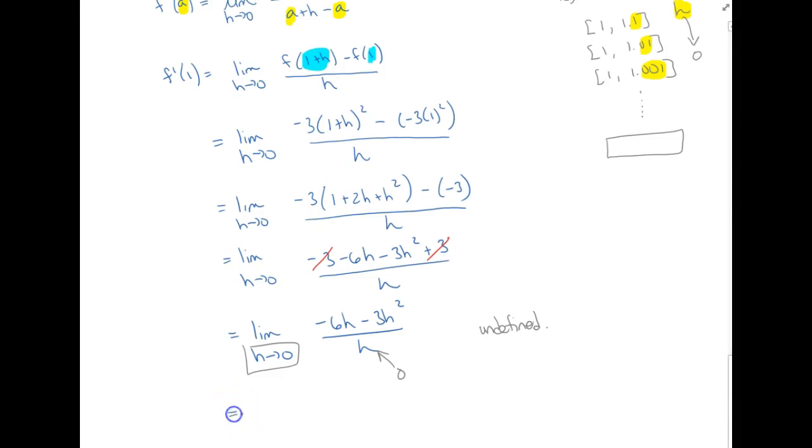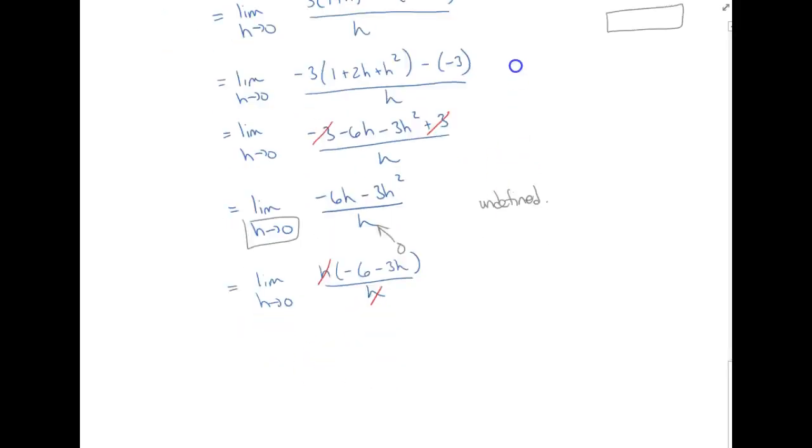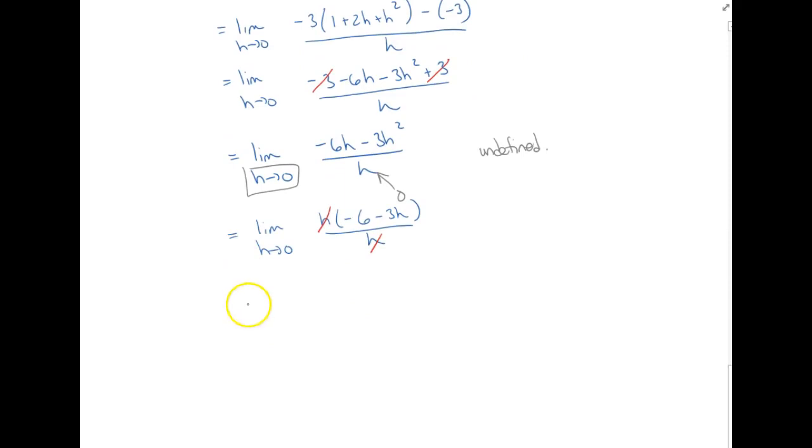Algebraically, we might be able to find this if we can rewrite the expression so that h is not there. And I see that h is a common factor in the top. So if I factor that out, I have this expression allowing me to cancel the h's and giving me an expression which is defined at 0.